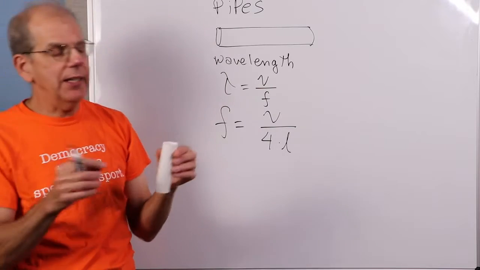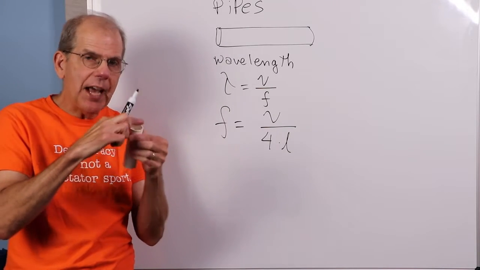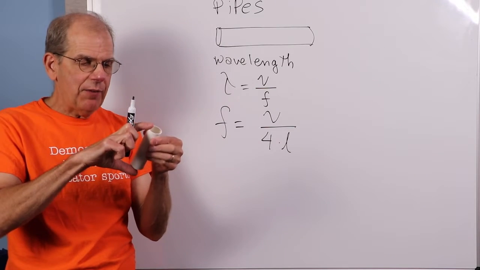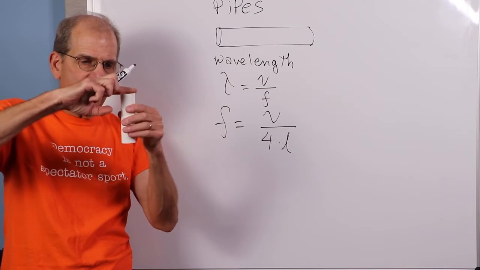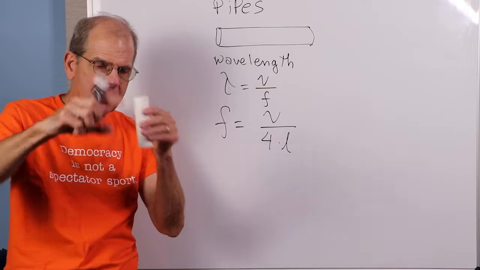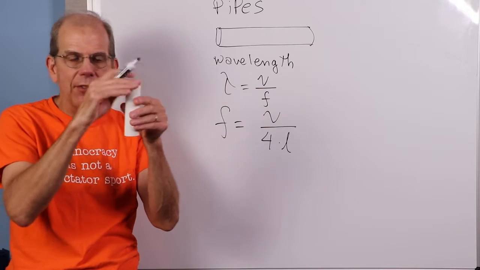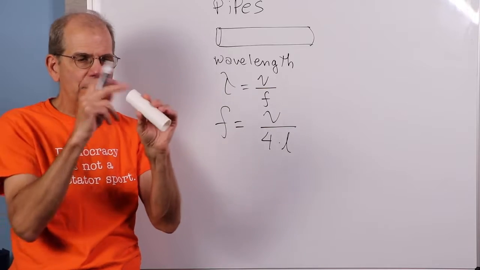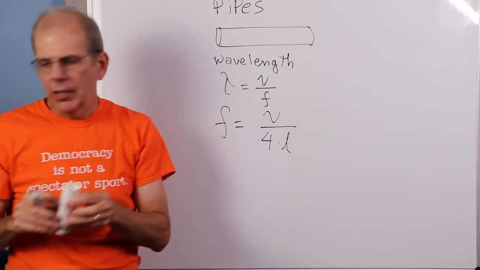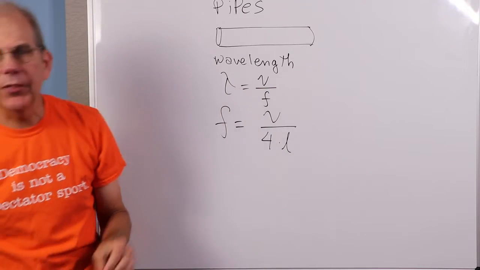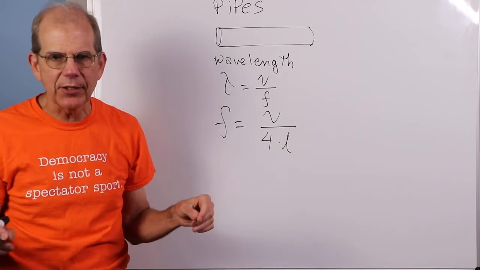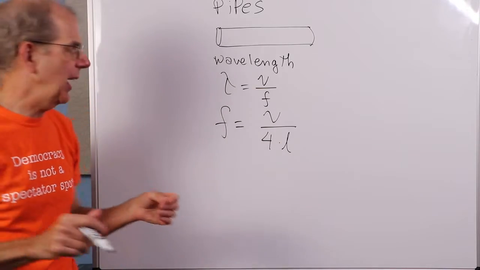In reality, this is not perfect. The wavelength that's held in here doesn't suddenly stop right at the end. There is what we might call a fringing effect on this open end, or if it's doubly open, it would be on both sides. So we can come up with an end correction factor for this.